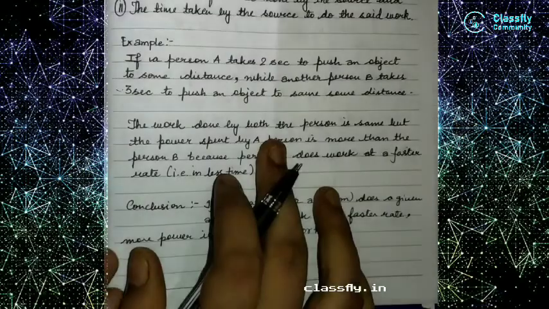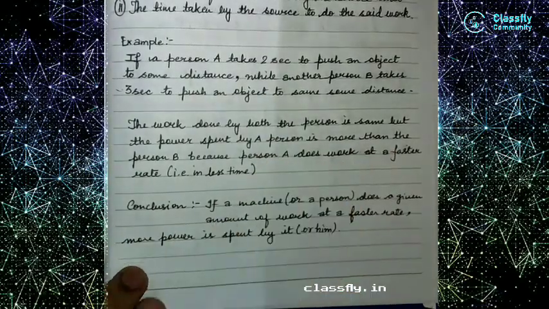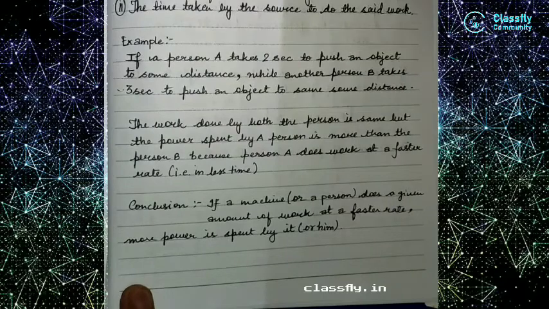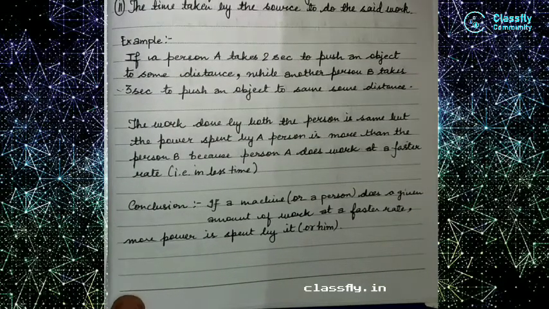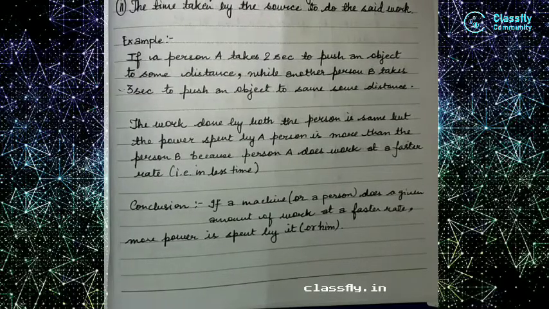The work done by both persons is the same. That means both objects have been pushed to the same distance, so the work has been done by both persons to the same extent.